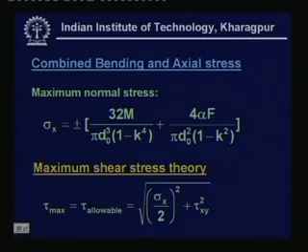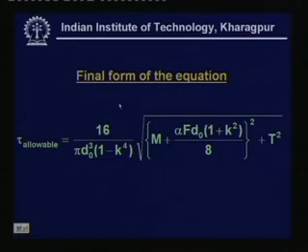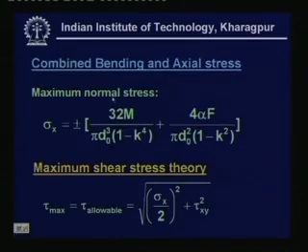So, we know from the compound stress ideas that the normal stresses, that is sigma bending which is coming out to be here, and this particular one which is the axial stress, both are of normal stress nature, and we can combine them together, and the total sigma x comes out to be plus minus.